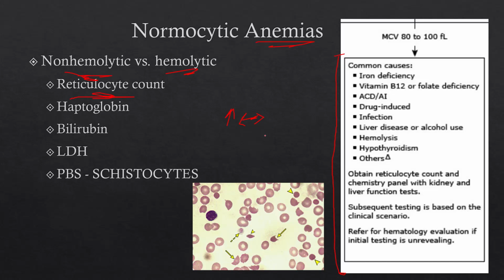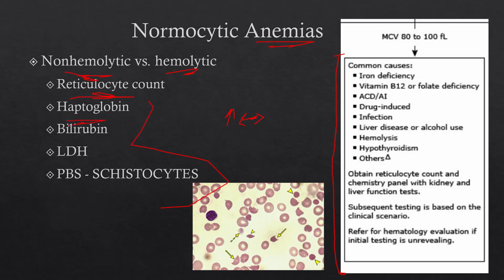So if your reticulocyte count is low, that kind of leads you to the idea that maybe you're just not making new ones, right? And that would mesh more with a non-hemolytic cause. If you have a high or normal reticulocyte count, that means your bone marrow is making more and more, okay, to replace what is being lost. That would point you towards hemolytic, but not necessarily. That's why we have these other lab values.